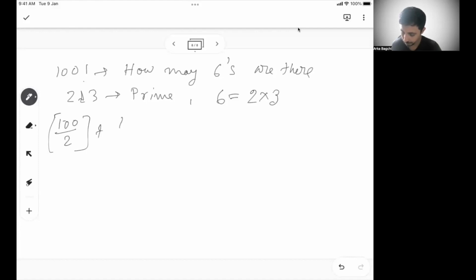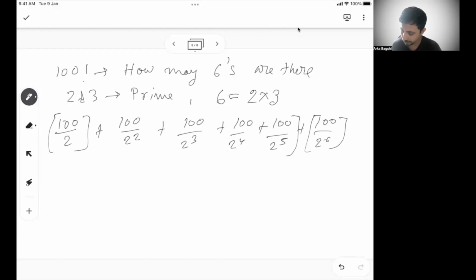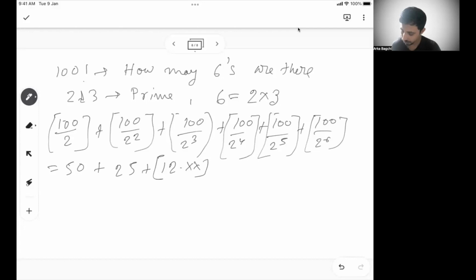So 100 by 2, 100 by 2 square, 100 by 2 cube, 100 by 2 to the power 4, 100 by 2 to the power 5, 100 by 2 to the power 6. 2 to the power 7 is 128, so we will stop, will not go there. This is a box. So this is 50. 100 by 4 is 25. 100 by 8 will be 12.xx in the box.